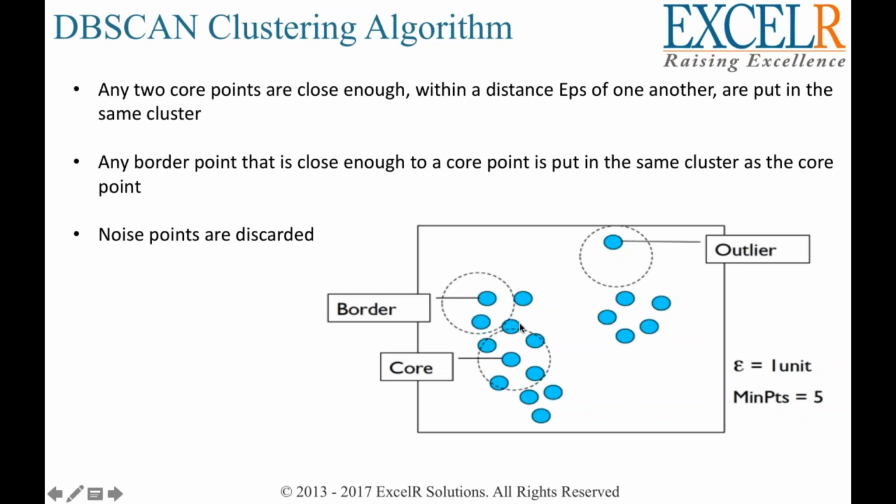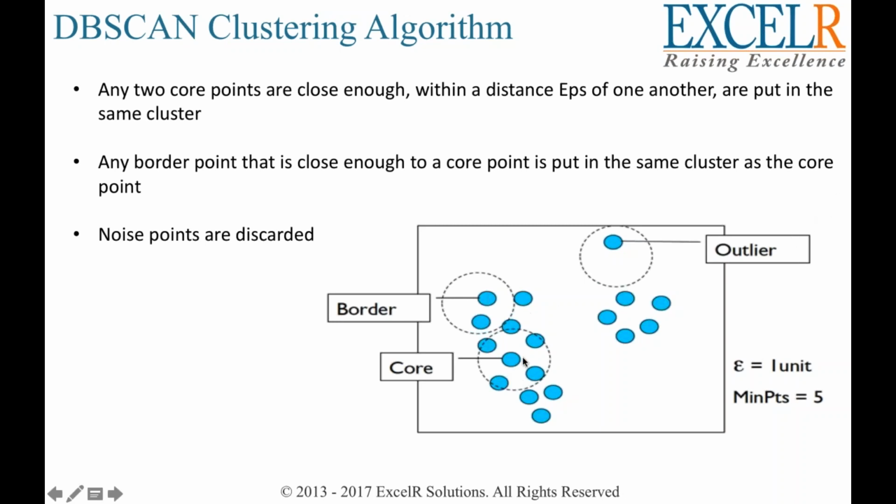Think about maybe some other data point. If you draw an EPS, if this core point and this core point are both within the distance of EPS, then these 2 are clustered together.